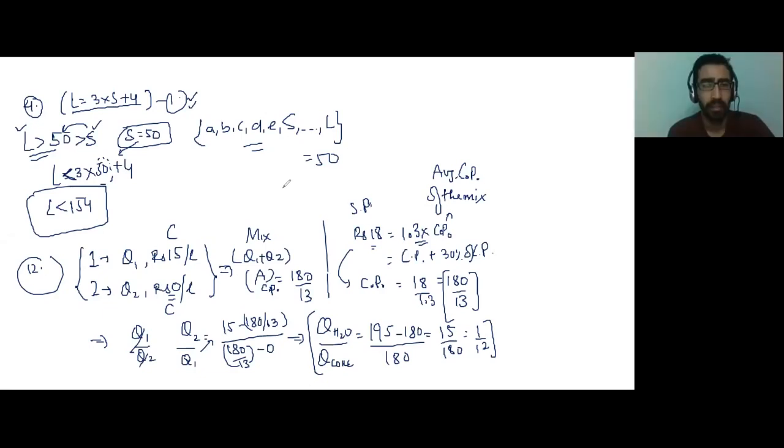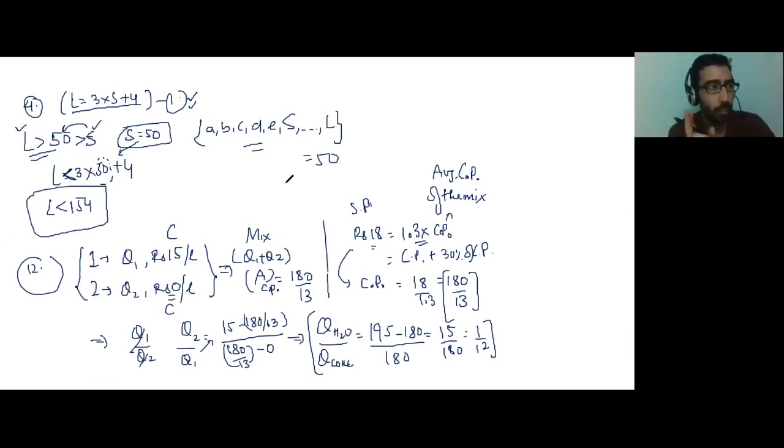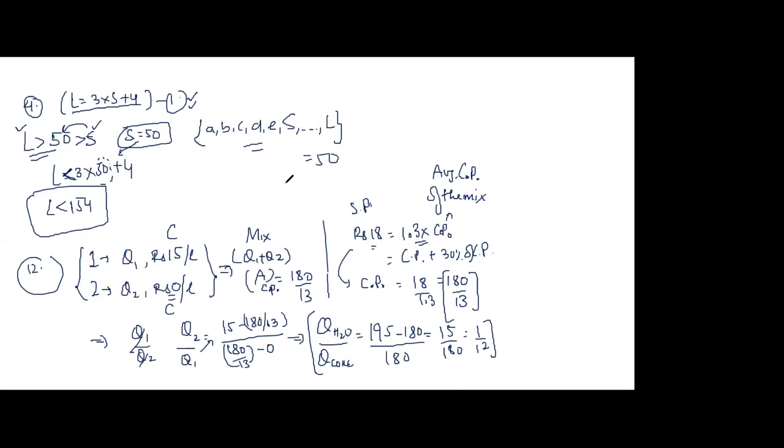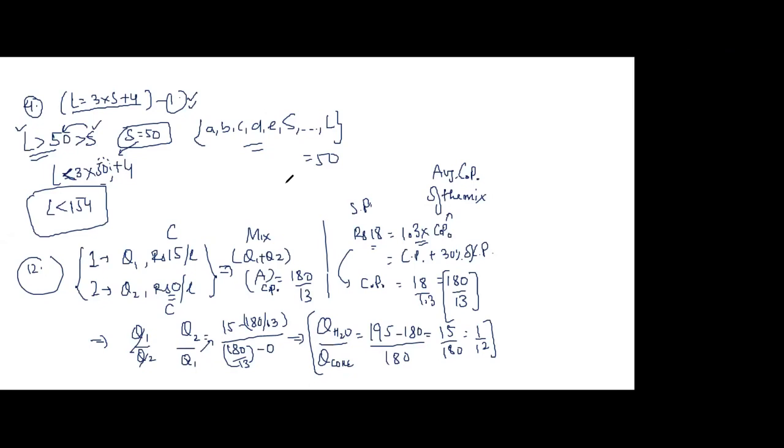He has bought it at 195 by 13, but he needs to sell that at a lesser price, which is 180 by 13. The difference is 15 by 13, so he has to add water in such a way that the cost price comes down by 15 by 13.